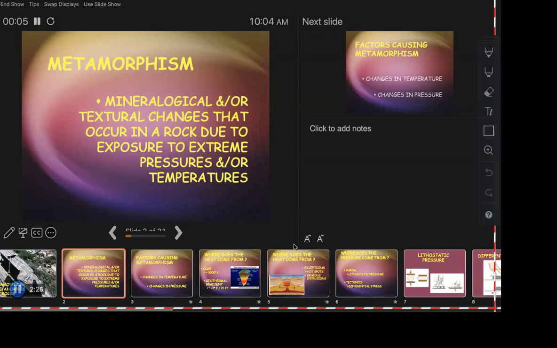So metamorphism. Definition of metamorphism. Mineralogical and or textural changes that occur in a rock due to exposure to extreme pressures and or temperatures. Mineralogical changes, textural changes due to exposure to really high temperatures or temperatures and pressure.